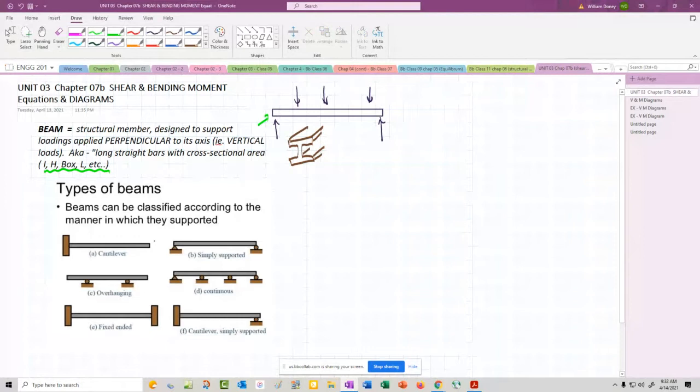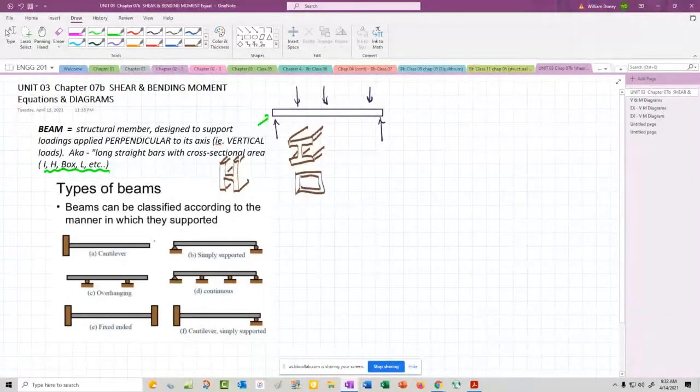It could be an H-beam, which is just really that turned on its side. Not very creative, but box beam, obviously this. L beam is really just an L bar. You may see that in shelving and things like that. And there might be some other options for us, but that's really just talking about the cross-sectional area.